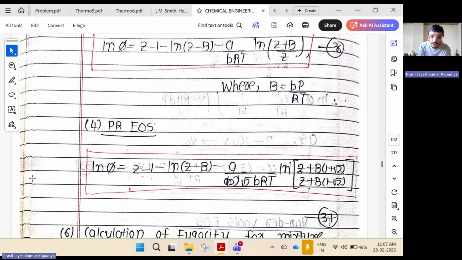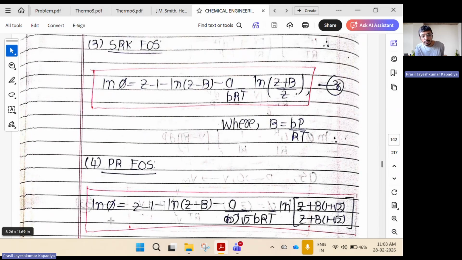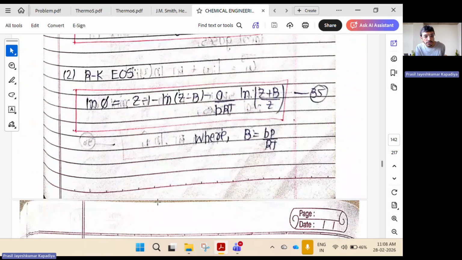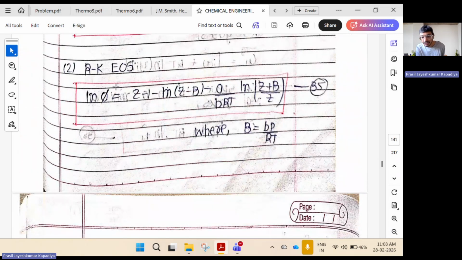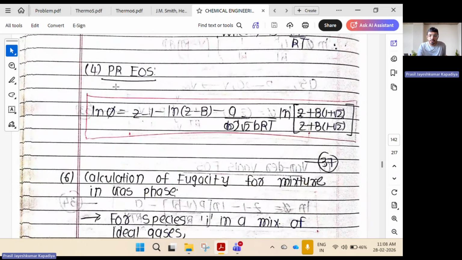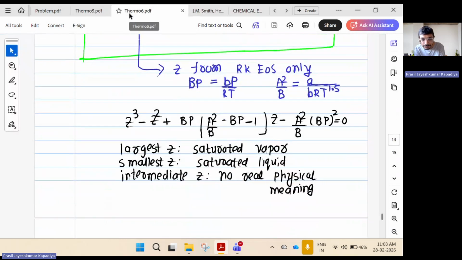Then I am supposed to find the value of Z also from the Peng-Robinson equation of state. I cannot use phi for Peng-Robinson and then Z with RK, SRK or any other equation of state. Whichever equation of state I am using, it should be consistent with the calculation of Z also. That is something very important to remember.